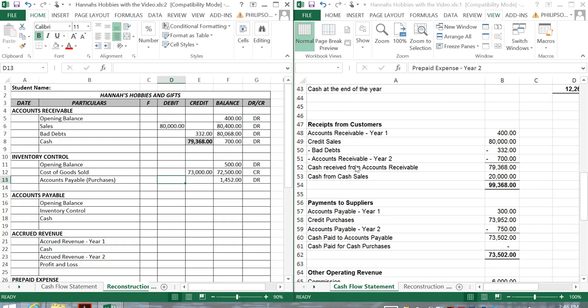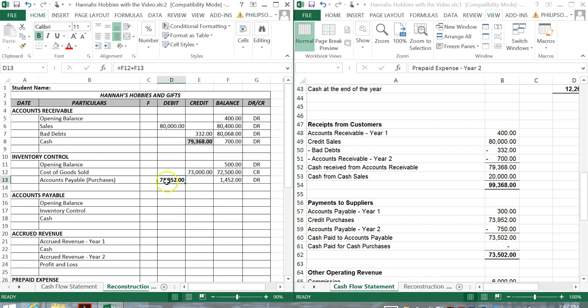So over in our debit column, equals 72,500 plus 1452. We need to add them together to affect this swing from credit to debit. So 73,952 in our debit column, and we'll notice 73,952 marries up with our credit purchases over here.